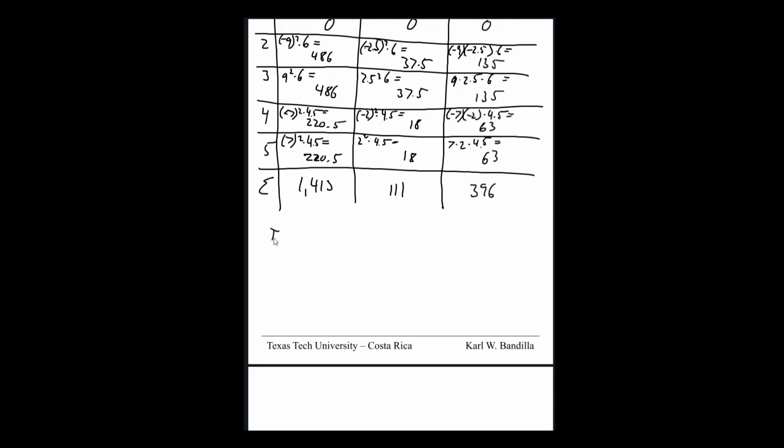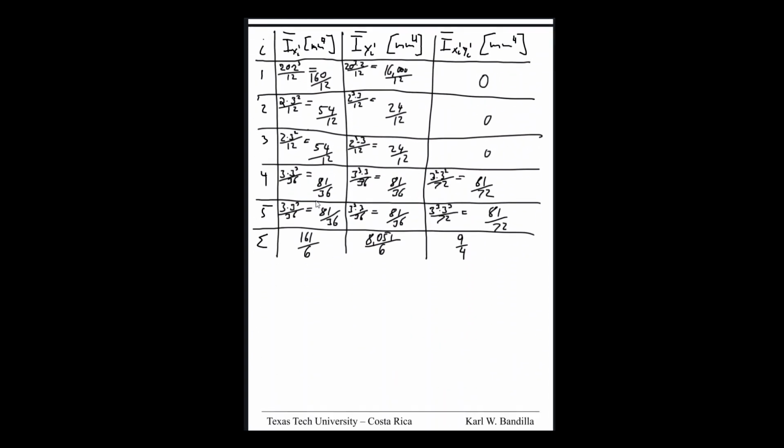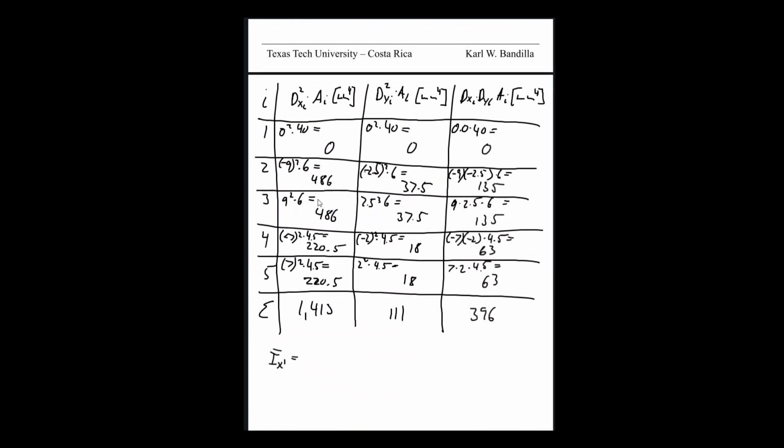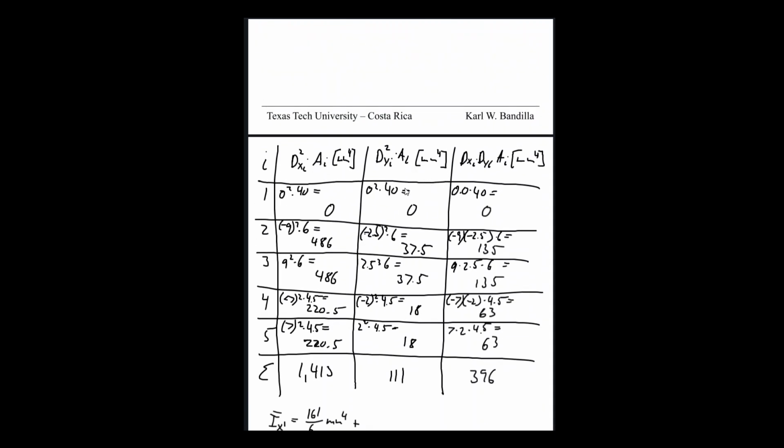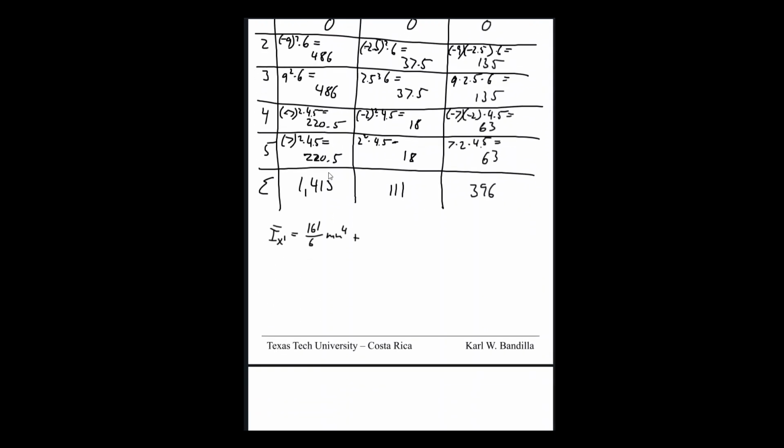So we have Ix prime bar is then going to be all our Ix's. Where was that? 161 over 6 millimeters to the fourth plus dy squared a, that's 111.